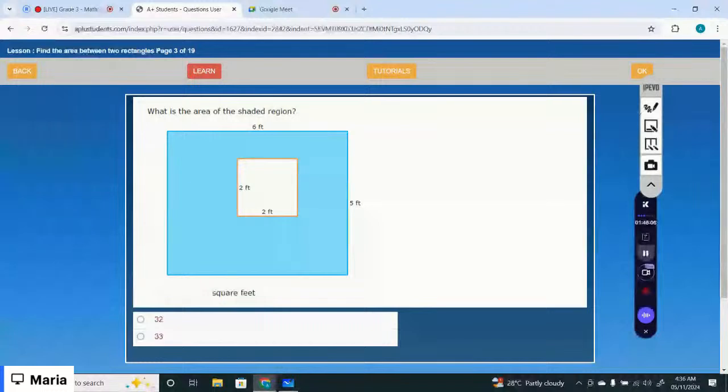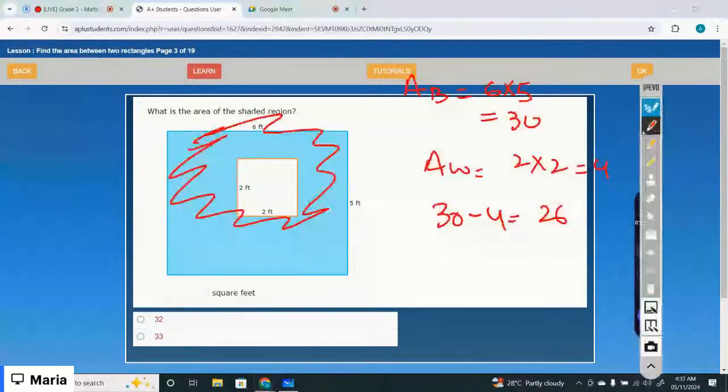So the area of the bigger one is 30, and the smaller one is 4. 6 times 5 is 30 and 2 times 2 is 4.